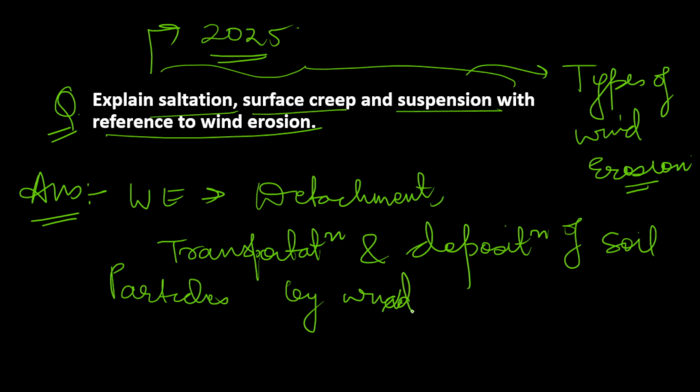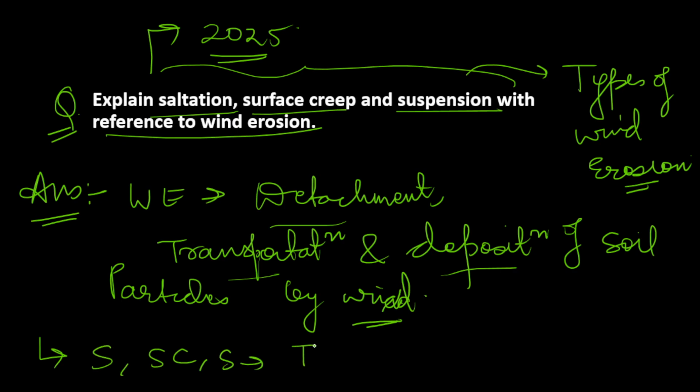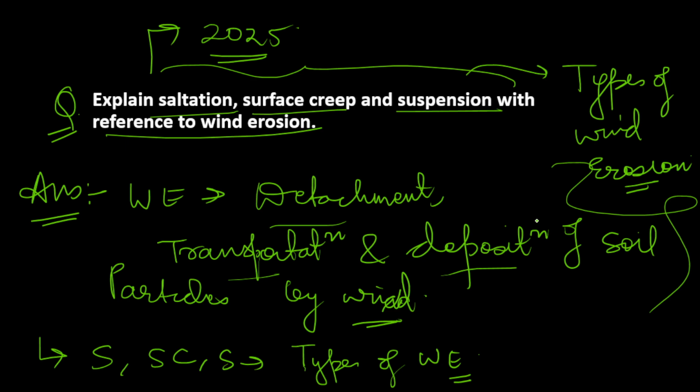So this is how you can simply define wind erosion: when the upper fertile layer of the soil is detached, transported and deposited at other places by the action of wind, it is known as wind erosion. And here I also mention that saltation, surface creep and suspension are the types of wind erosion. If you introduce it nicely, this will be all. This is how we can introduce this question.